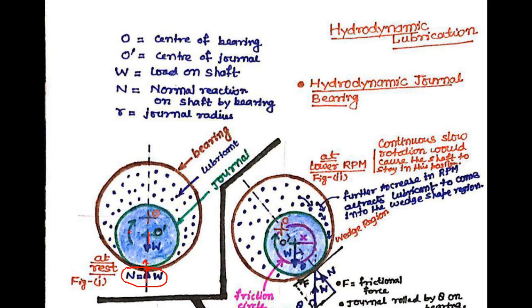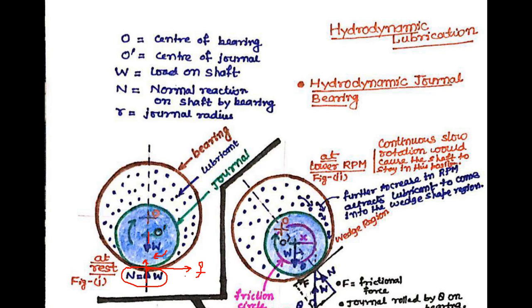Because the motion is clockwise, the frictional force at the point of contact occurs rightward here, because at this point the motion is leftward, so frictional force comes here. Suppose this is the frictional force, this is rightward.